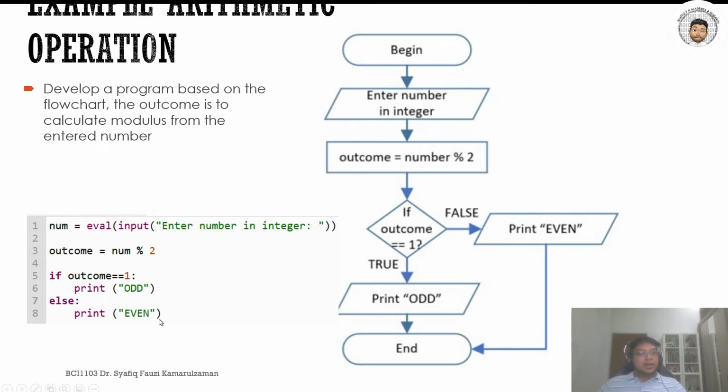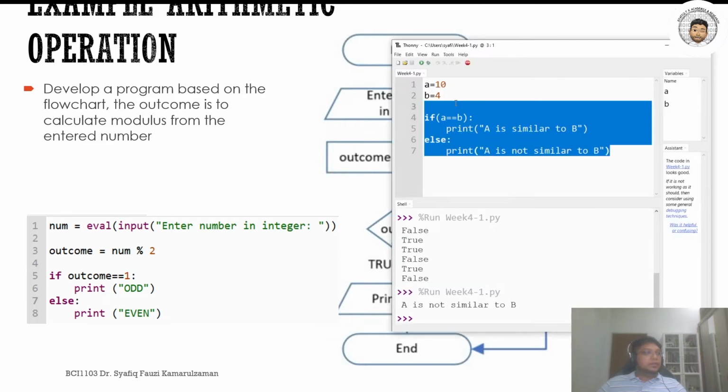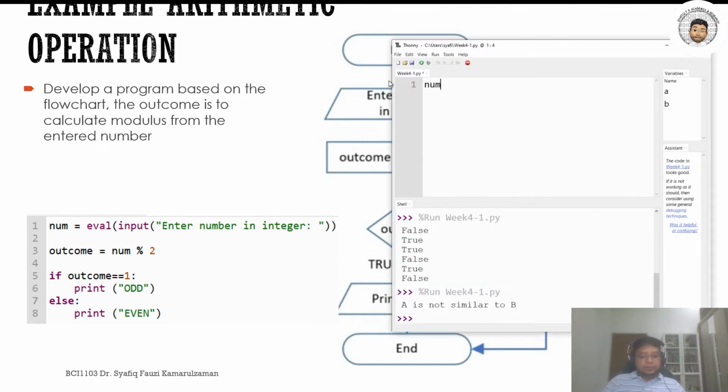Simple like that. So if you want to do it in Thonny, for example, here we have num equal eval input, enter a number. Then we have outcome is equal num modulus 2.